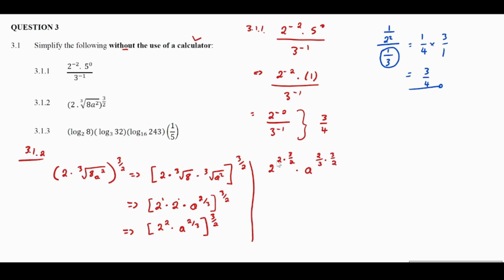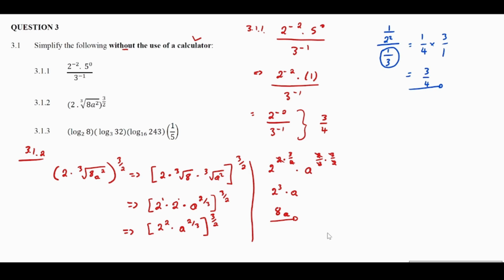Then the 2 and 2 are going to divide, and the 3 and 3 divide. You'll be left with 2 to the exponent of 3, which is 8a. There is your final answer.